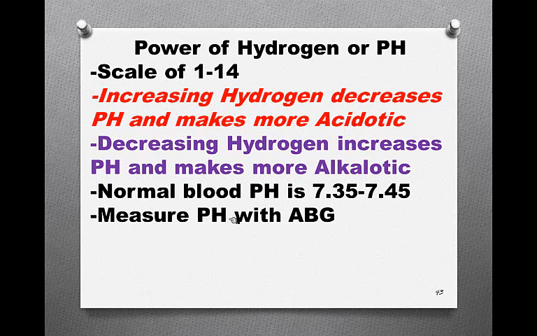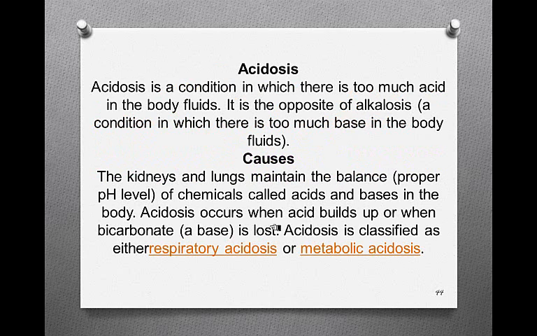We measure pH with an arterial blood gas, commonly known in the clinical setting as the ABG. So what is acidosis? Acidosis is a condition in which there's too much acid in the body fluids. It's the exact opposite of alkalosis, a condition in which there's too much base in the body fluids.